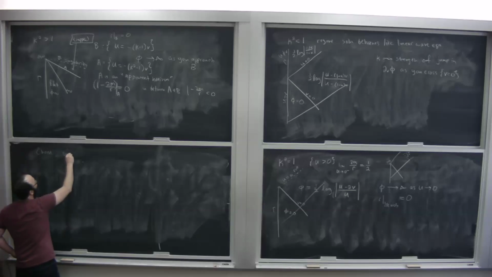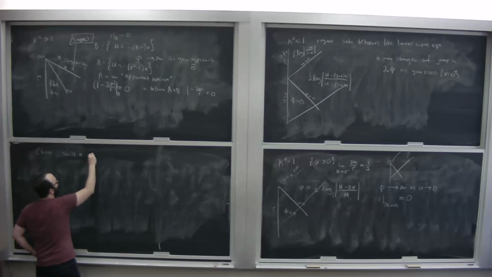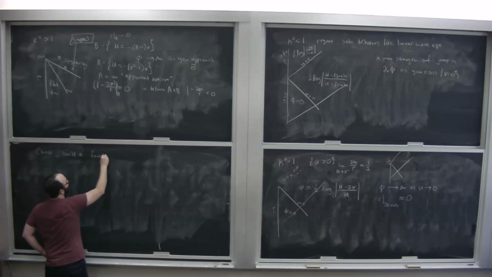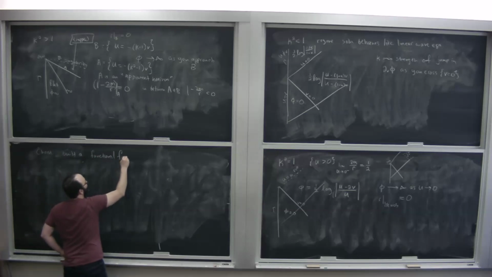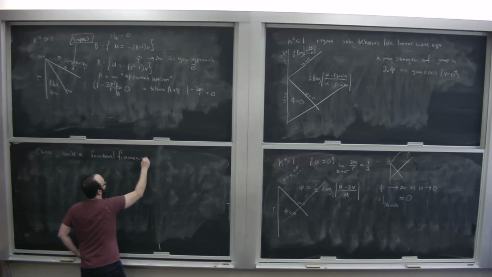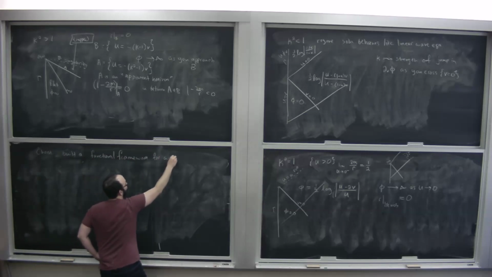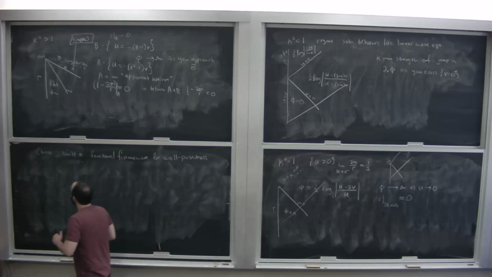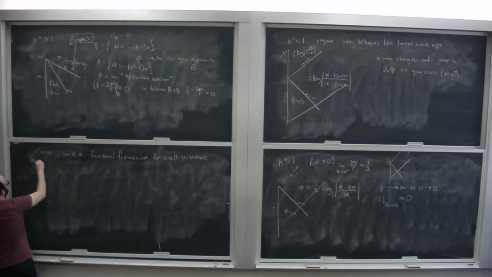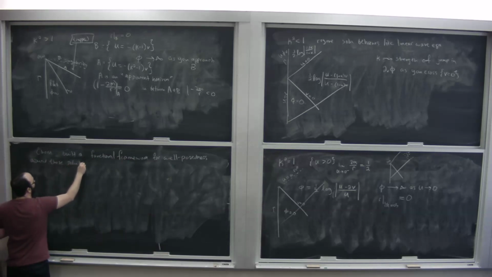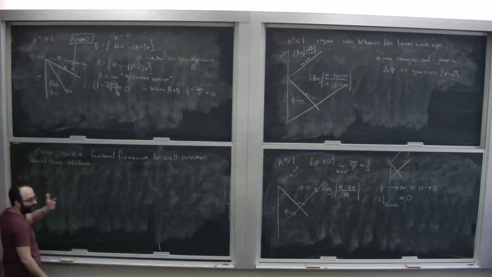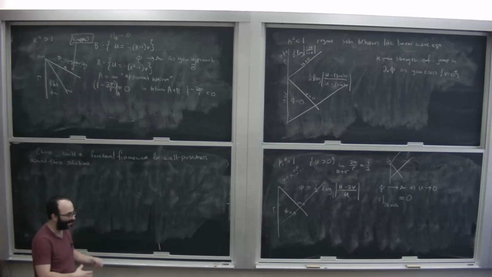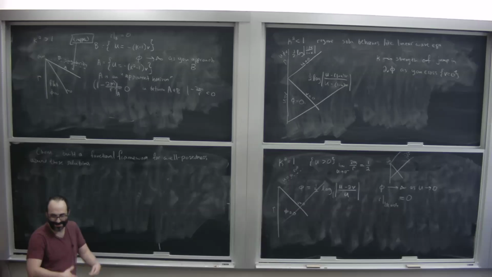But Christodoulou built a functional framework for well-posedness around these solutions. What do I mean by that? Well-posedness means you have some data, there always exists a solution that's unique within that class, and the suitable sense might be complicated.